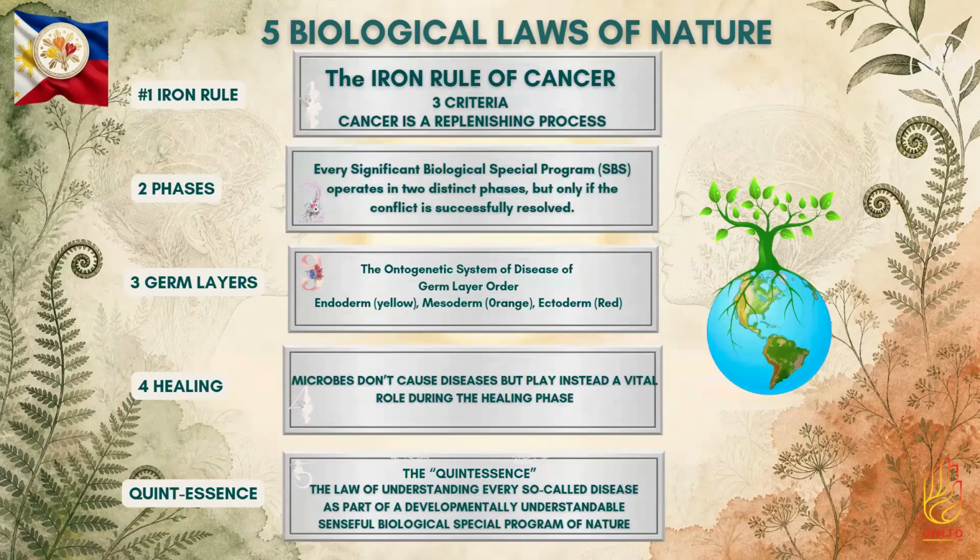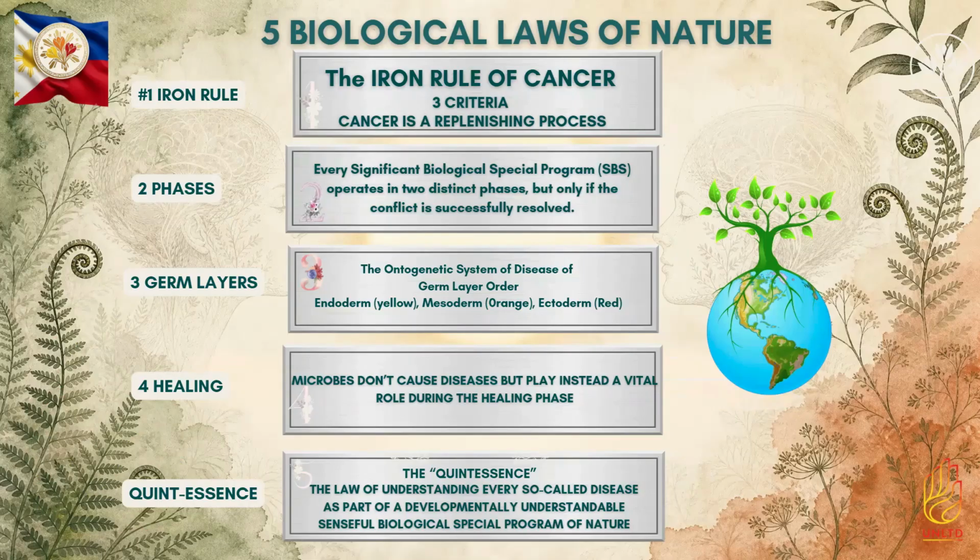Number one is the iron rule of Cancer. Two phases. Every significant biological special program operates in 2 distinct phases, but only if the conflict is successfully resolved. Three germ layers, the endoderm, mesoderm, and ectoderm.